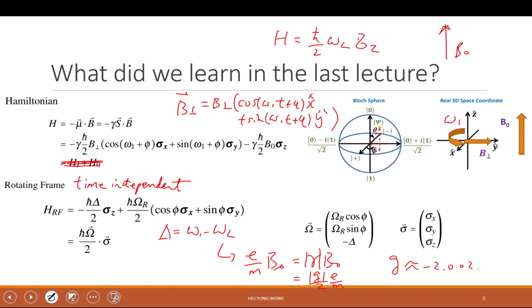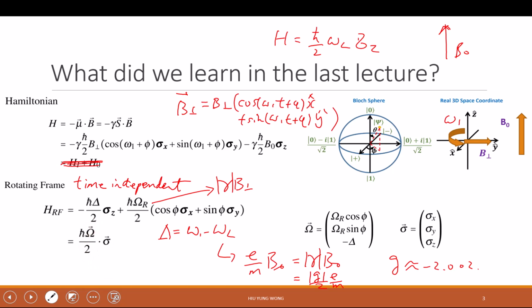The Rabi frequency in this case turns out to be B perpendicular times gamma. This is B perpendicular times gamma. But anyway, let us try to simplify it as something H bar divided by 2 times an angular frequency, which is a vector.